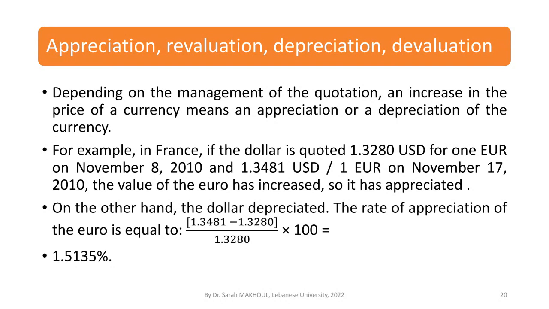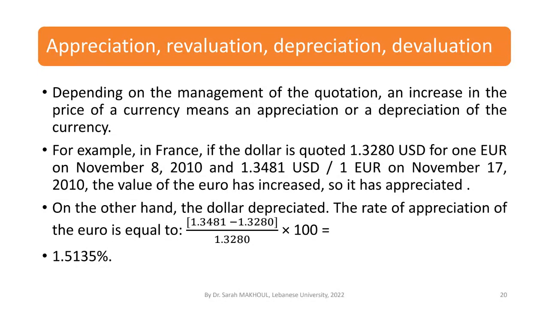Because we are talking about France, they are dealing with a floating exchange rate. We can see that the euro has increased in number, so it has appreciated over the dollar.